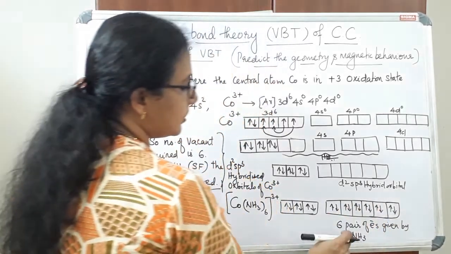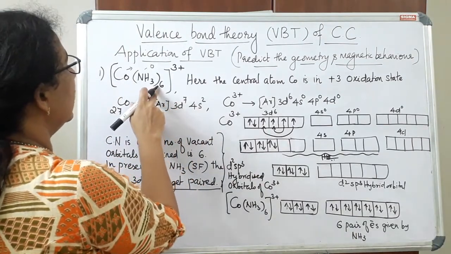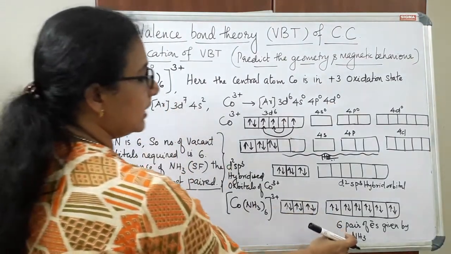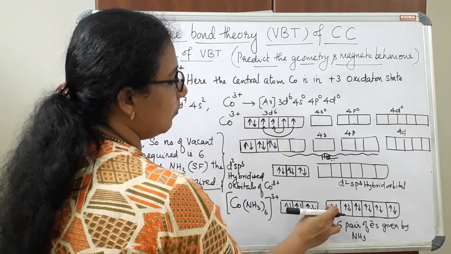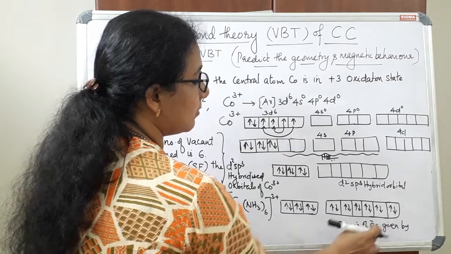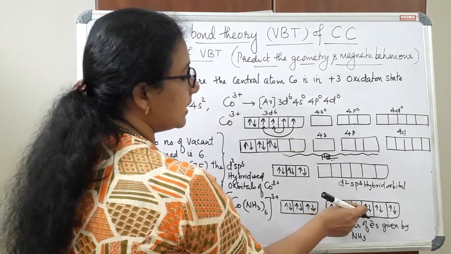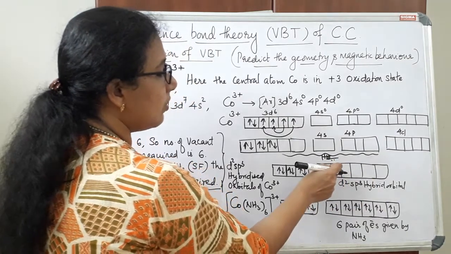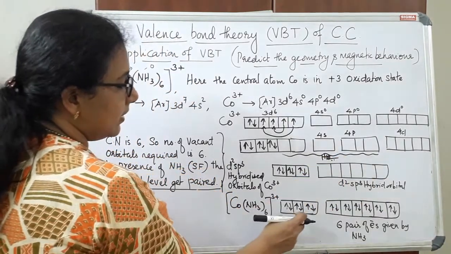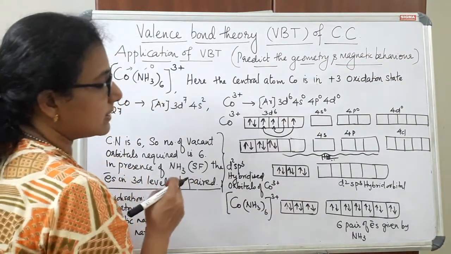There are 6 NH3 ligands, so each NH3 will donate one pair of electrons. So 6 pairs of electrons are given by NH3. Actually NH3 is giving these electrons in the vacant orbital of the metal. So this is how the complex is formed.